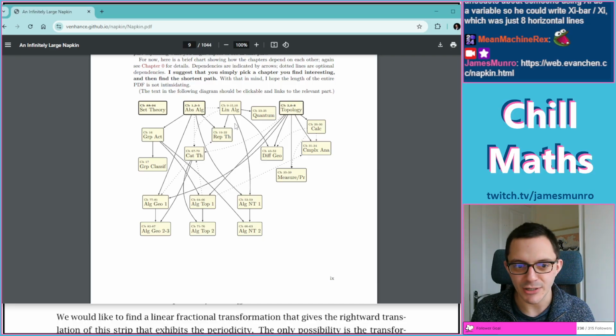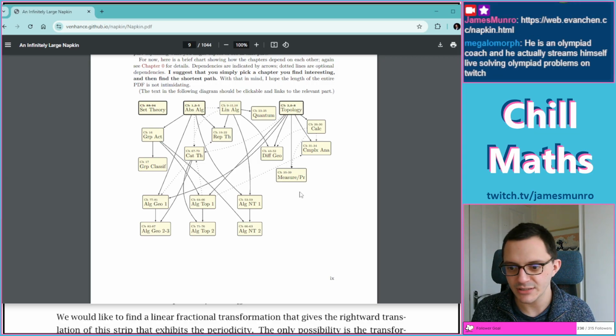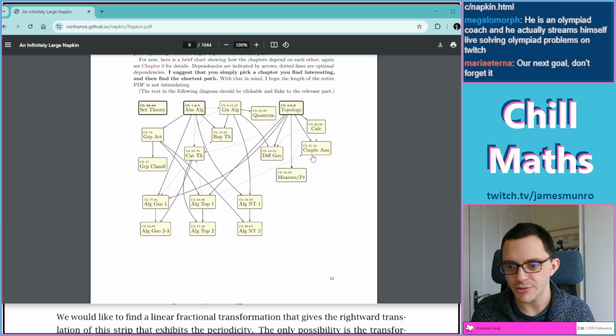And it does linear algebra properly, which is a good ad. You can also do complex analysis and quantum mechanics in this book, although the quantum mechanics is quite a selective subset of all the quantum mechanics that you can do with maths. Maybe this is under the guise of doing it properly.